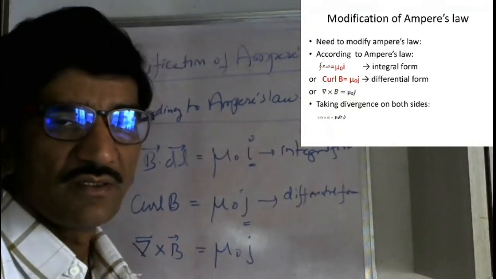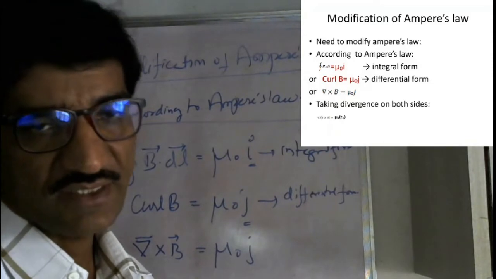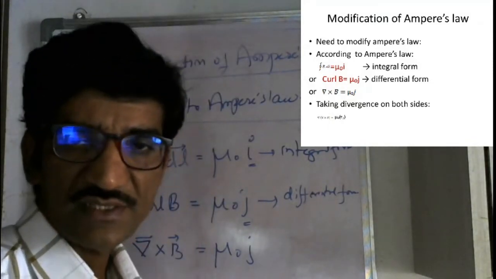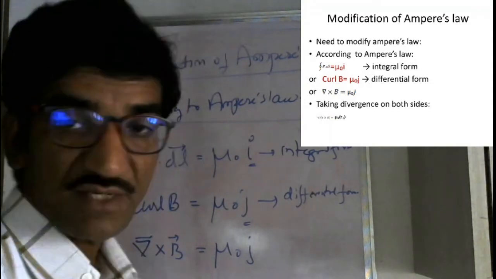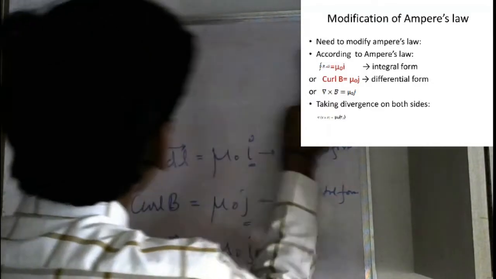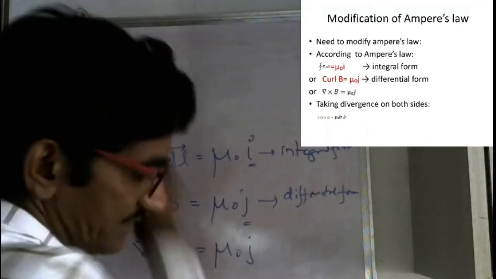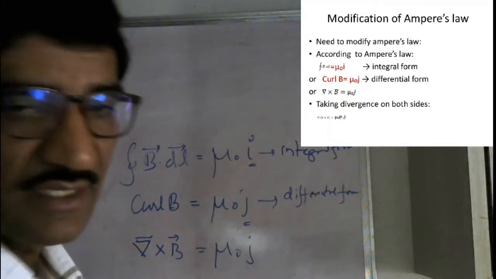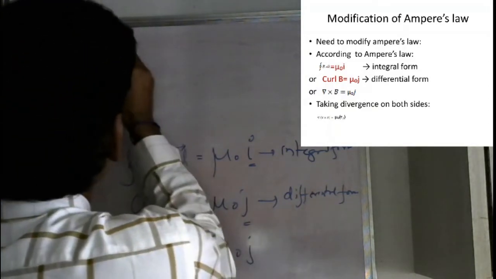Now let us try to find the defect in this Ampere's law. Let us consider this differential form and take the divergence on both sides of it.